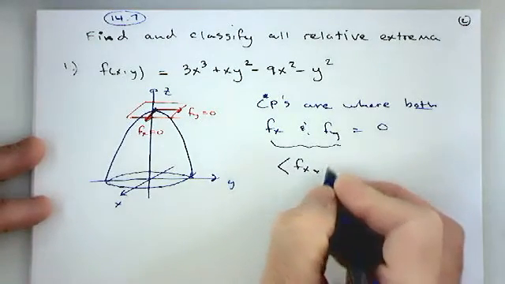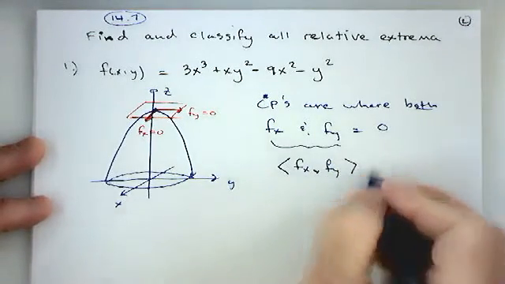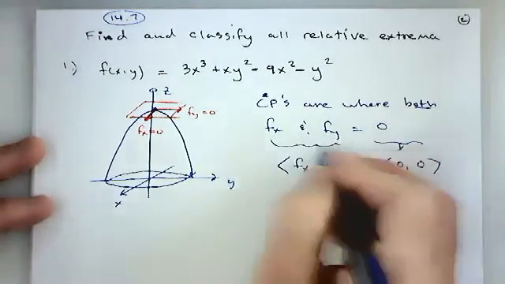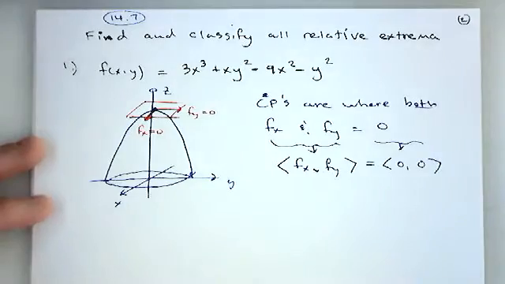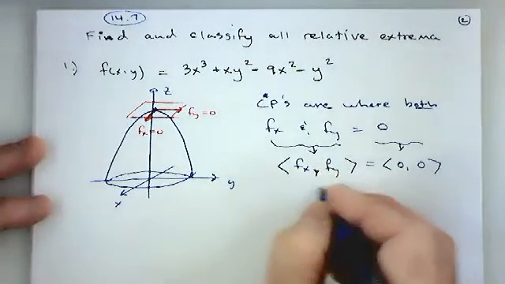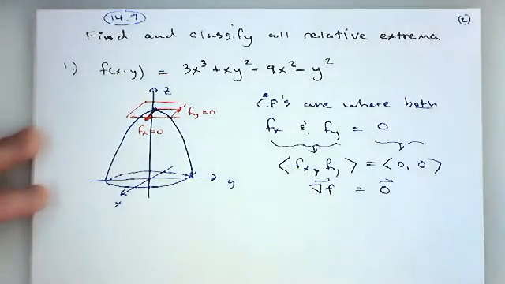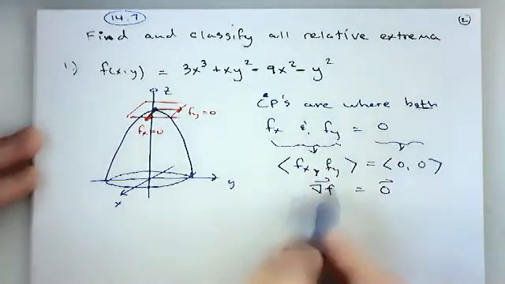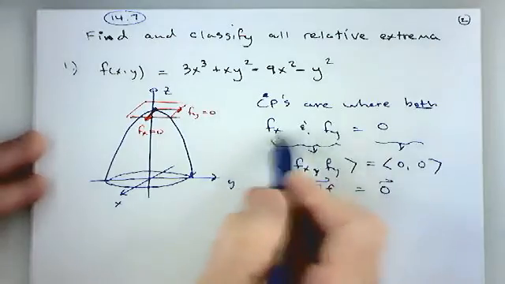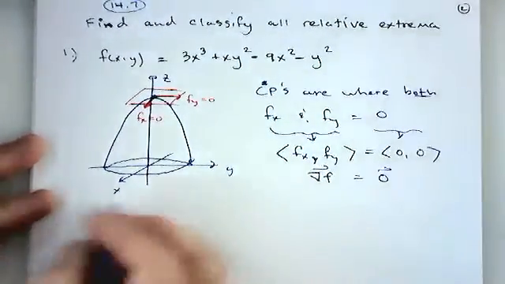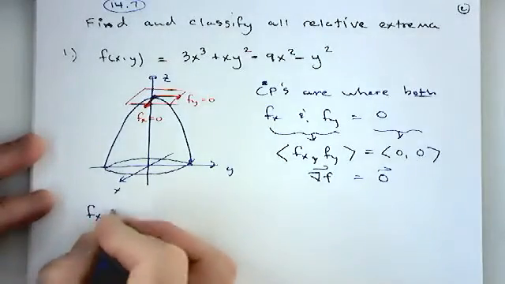You could also think of it as if I took that vector and set it equal to 0, 0. This explains the same thing. The gradient vector equals the 0 vector. Okay. I usually just don't even bother with vectors. I just know I'm going to be taking these two partial derivatives and trying to find out where they're equal to 0. So let's start with f sub x.